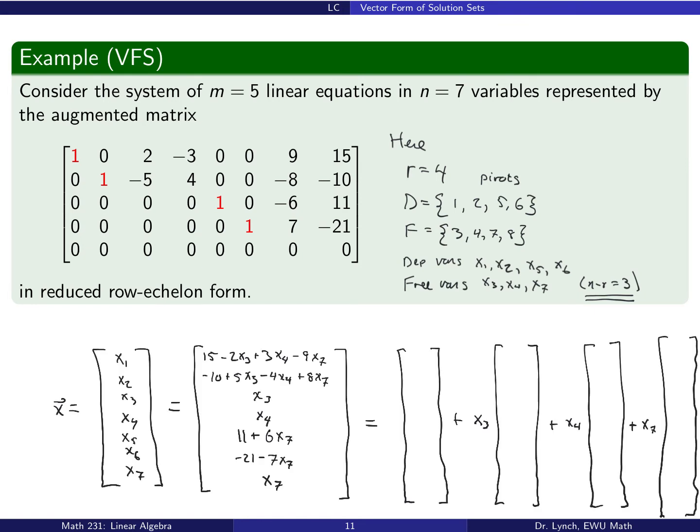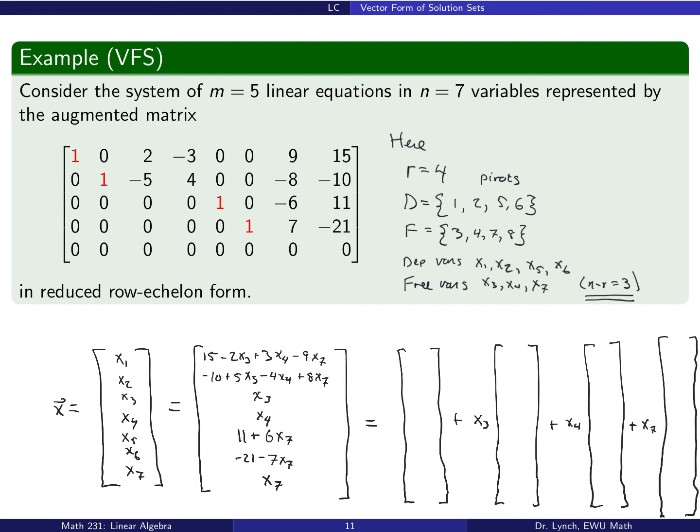So here's the vector form of the solution to this linear system. Now we again expect this to be able to be taken apart into a linear combination of three vectors corresponding to those three free variables plus one more. And we can see where the elements of those three vectors plus the one more come from if we take apart those variables carefully.